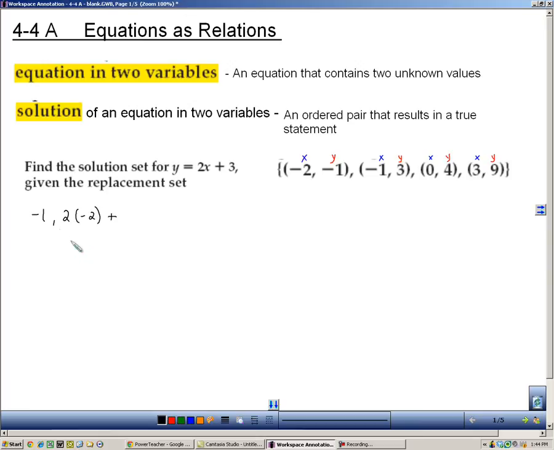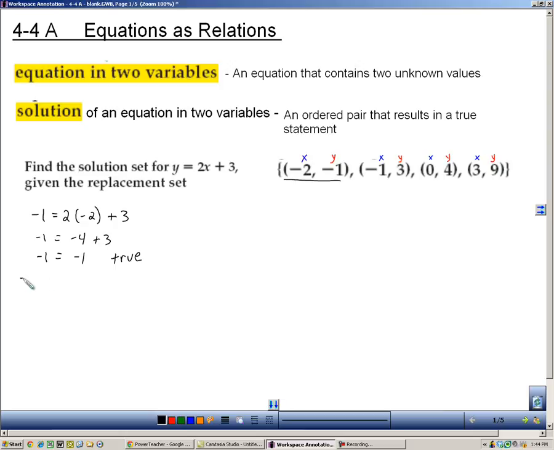Whoops, that should not be a comma. And now we're going to see if that's a true statement or not. Well, 2 times -2 is -4, and -4 plus 3 is -1, and -1 does equal -1, so that's true. That means that this ordered pair is a solution.